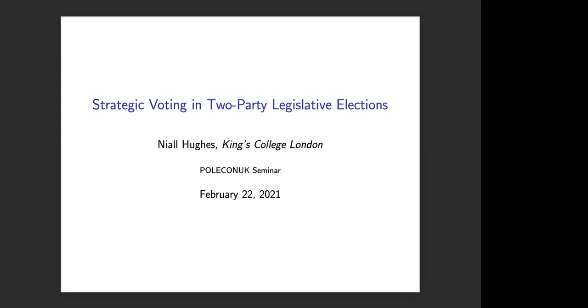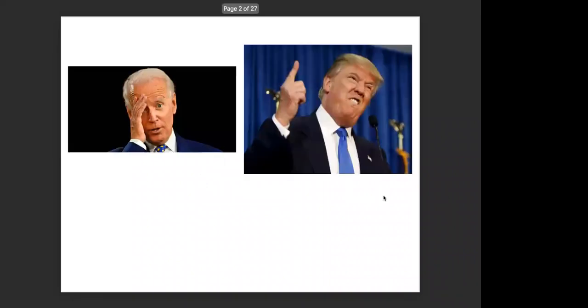So let's imagine I am a voter and I care about two dimensions. I am economically on the right and I'm socially liberal. I'm what you might call a Rockefeller Republican, what they call them in the US. And then I go to vote in my election and I face these two characters.